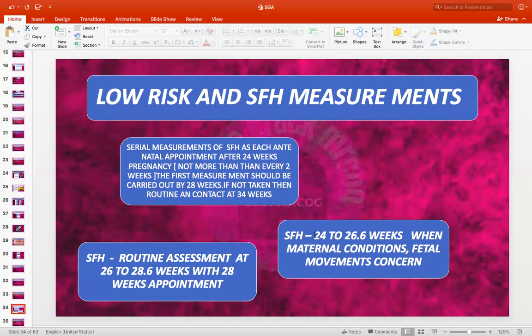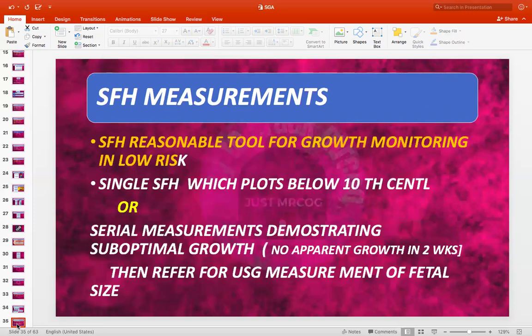In certain cases, we do it between 24 to 26 weeks. In routine cases, it is 26 to 28+6 with the 28 weeks appointment. But in certain cases we do it earlier, that is, if there is any maternal condition, or if fetal movements are a concern.